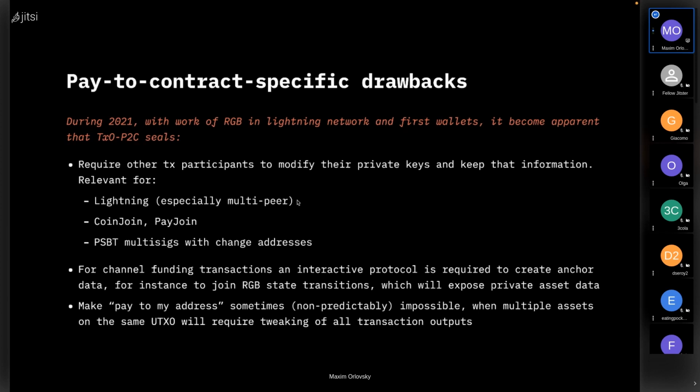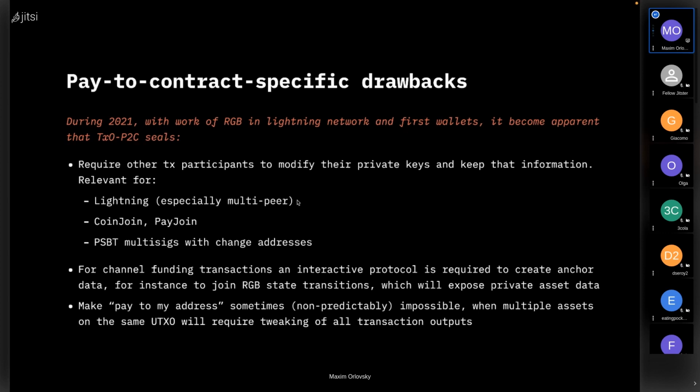It is also true for multi-sig transactions when we use a number of signers, or even if you have a single signer, but you have a set of hardware wallets and you create a multi-sig across them. You need all participants to modify their private keys and keep that information.